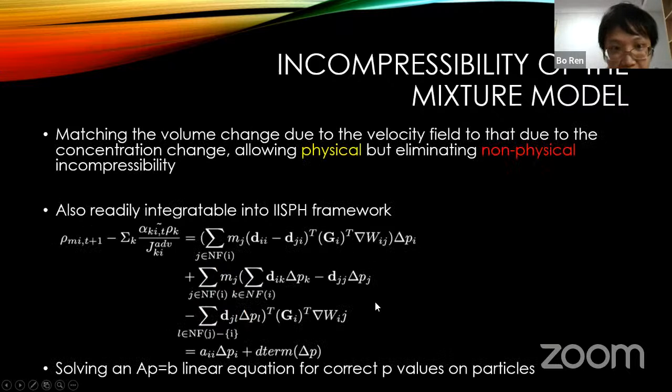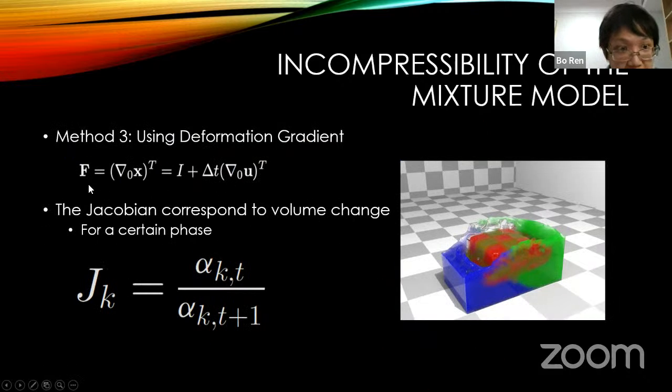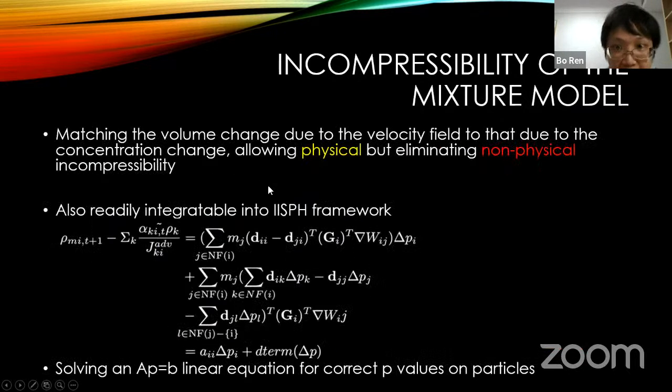And if we look at the momentum equation, we can directly compute a deformation gradient from the physical definition. So we can match these two changes, one due to the velocity field and one due to the concentration change, together, and derive a set of linear equations and solve it.